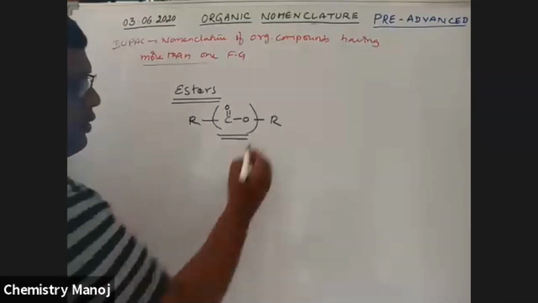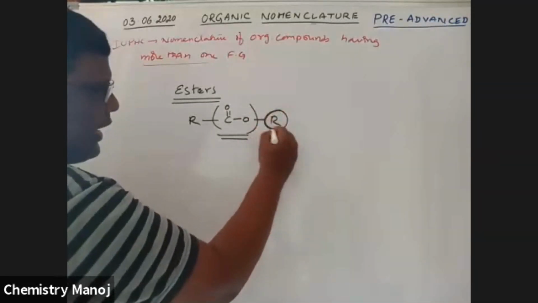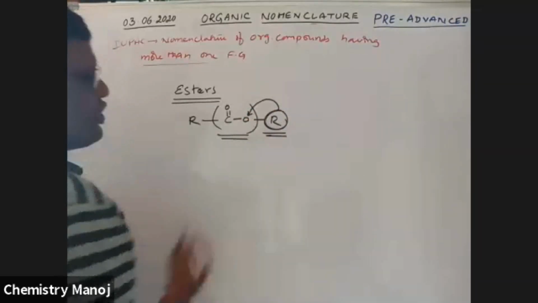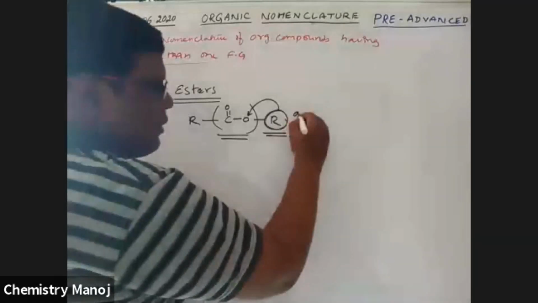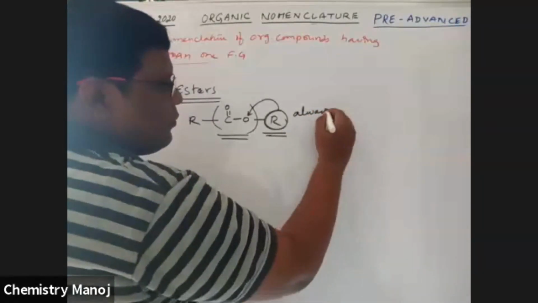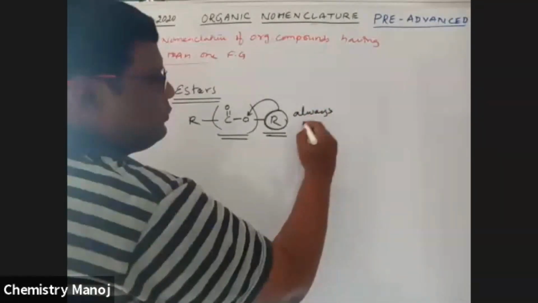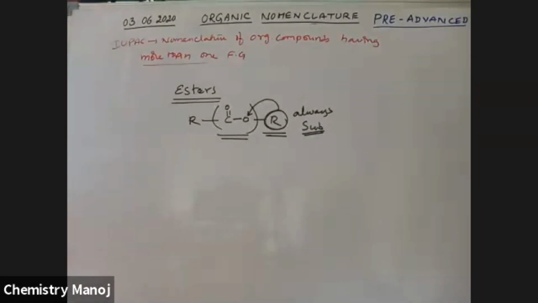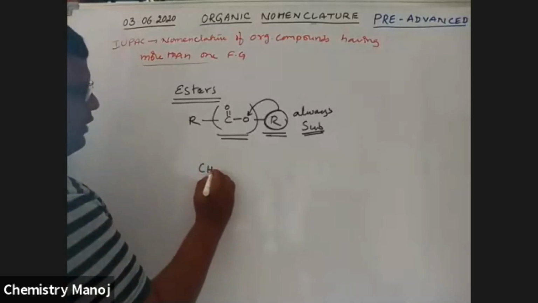So my dear boys, the alkyl group which is attached to oxygen, even though it has the longest chain, is always a substituent. The alkyl group attached to oxygen is always a substituent, even though it has more carbons. So see here, what is the name of the compound?